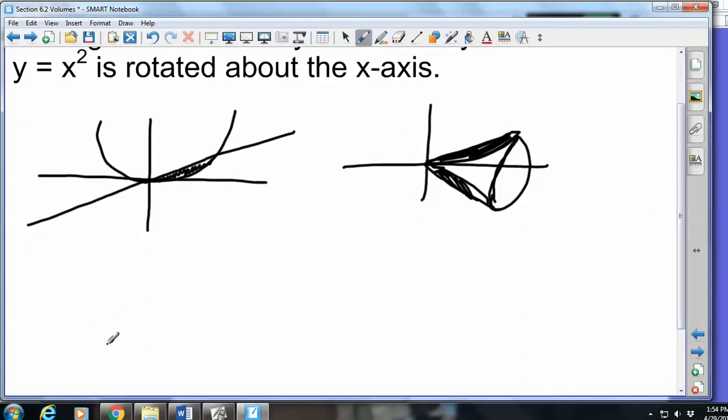We know that we have to integrate our area to get the volume. It's the antiderivative of area. So the area of this, we know that's pi times our radius squared. So the radius of this, I want just the solid part.